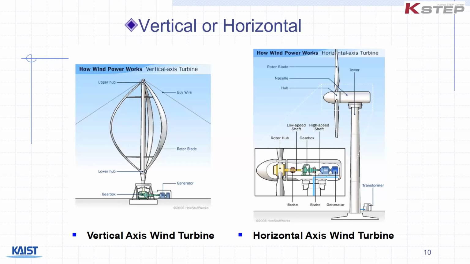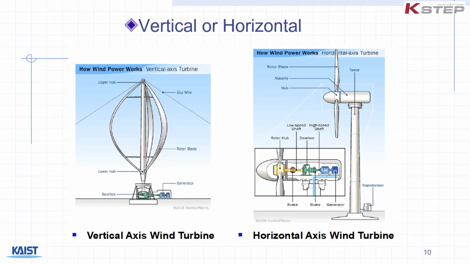Now, the wind power system has two different types. One is a vertical axis, the other one is a horizontal axis. On the right-hand side, you see the horizontal axis wind turbine. Here, the axis of the generator, brake, and turbine, the rotating axis, is horizontal to the Earth's surface.